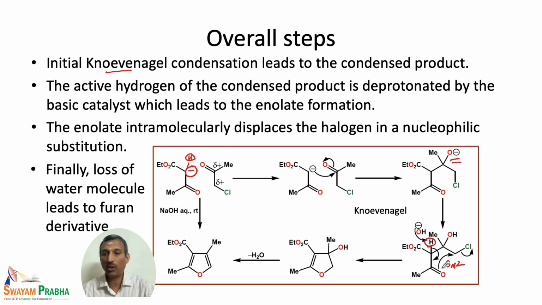So here is the nucleophilic site, this is the leaving group. So the backside attack actually takes place, leading to the concomitant loss of the leaving group. Here chloride ion is the best leaving group, and this is the intramolecular SN2 type reaction as shown here. That leads to the final product, which is the hydroxy derivative.